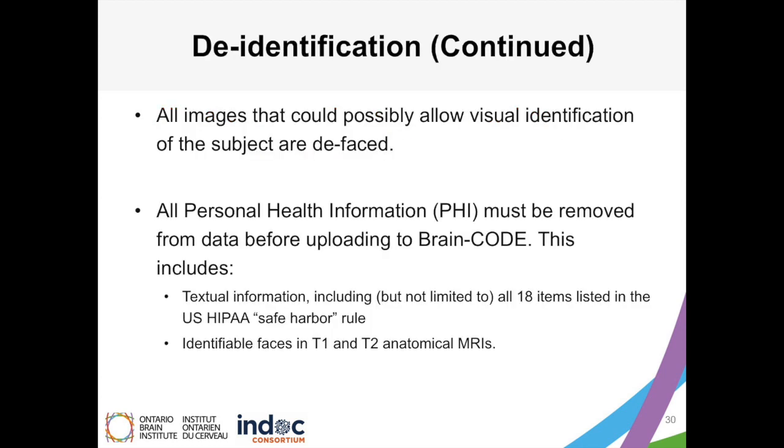All personal health information must also be removed from the data before uploading to BrainCODE. This will include textual information including, but not limited to, all 18 items listed in the U.S. HIPAA Safe Harbor Rule, and identifiable faces in T1 and T2 anatomical MRIs. All images that could allow for visual identification of subjects are defaced.